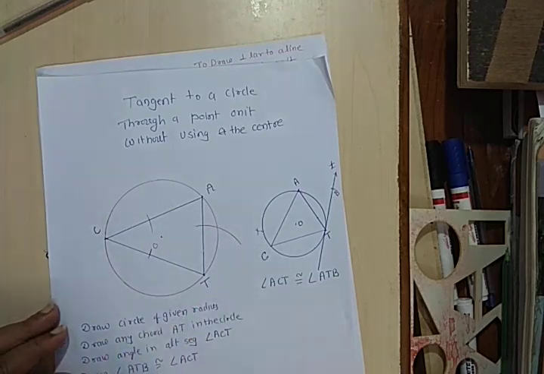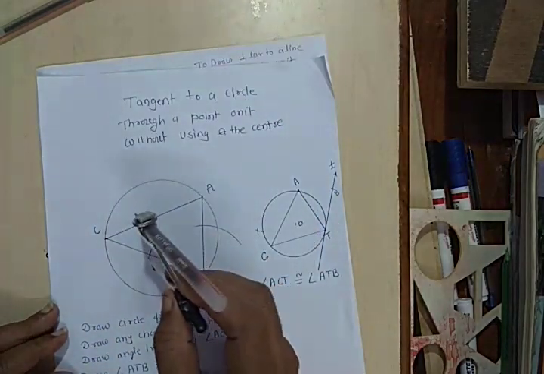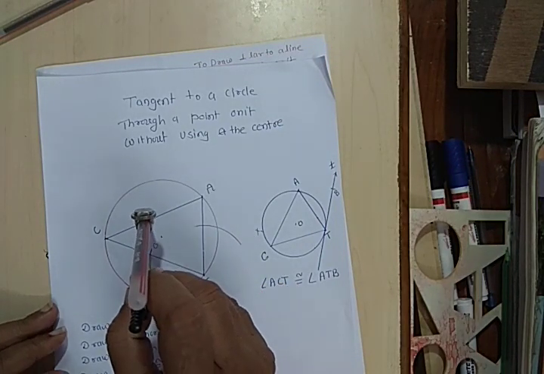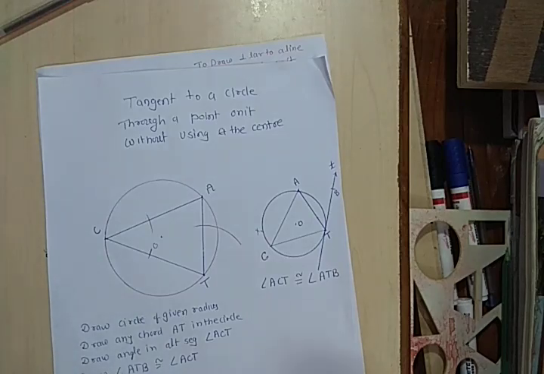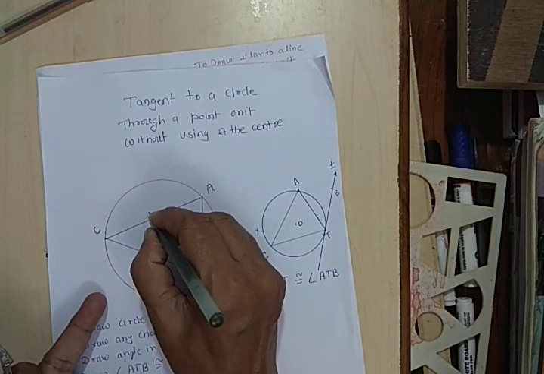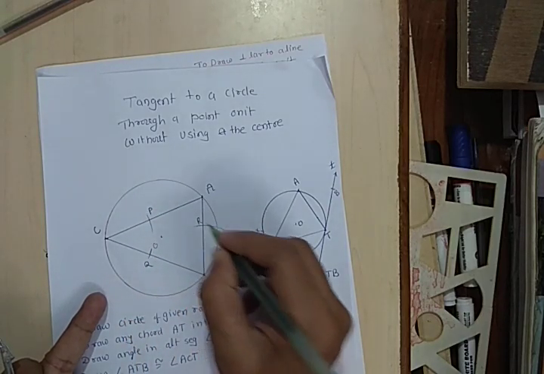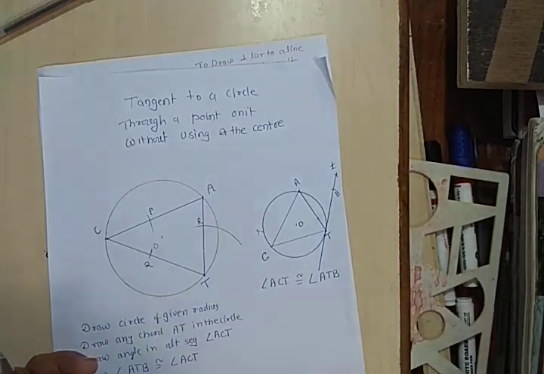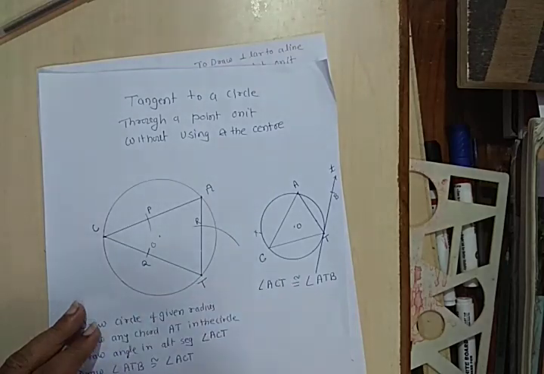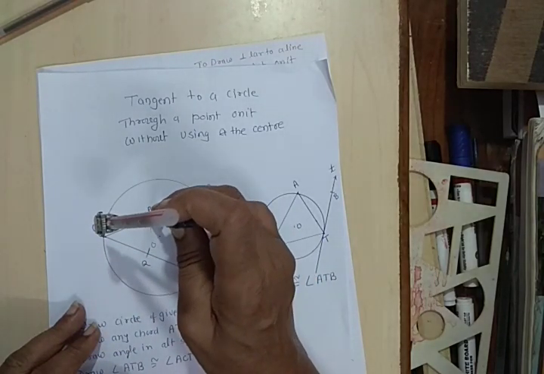Thereafter, what can I do? Now, I have taken this as a center. I can take this also as a center, to measure the distance. Suppose these two points are P, Q and this point is R. Somewhere we are going to find S. We have to measure PQ and find RS.